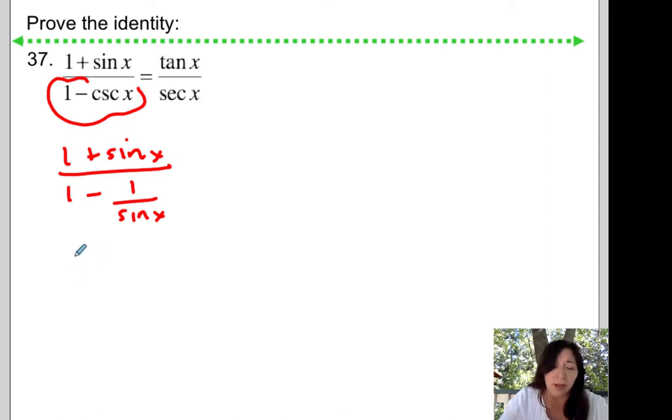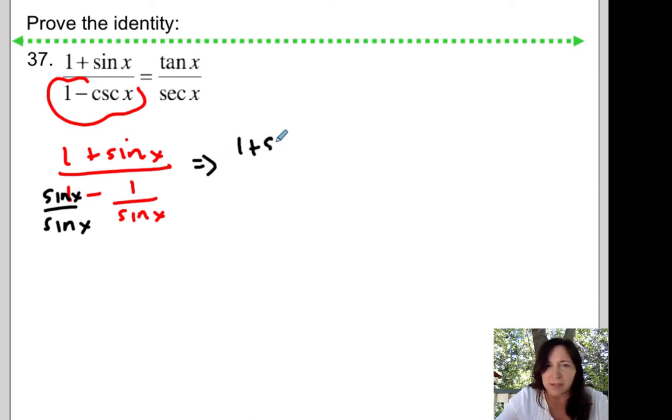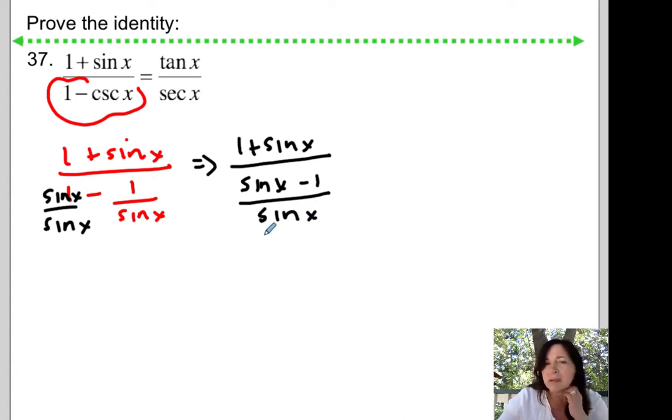For this one, I'm probably going to combine my denominators on here. So I have sine of x over sine of x, and so that's going to give me 1 plus sine of x over sine of x minus 1 over sine of x.